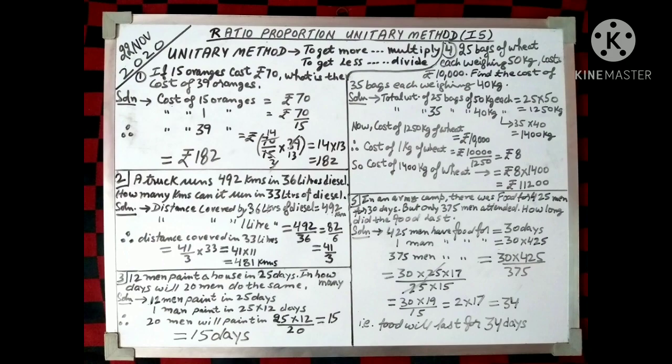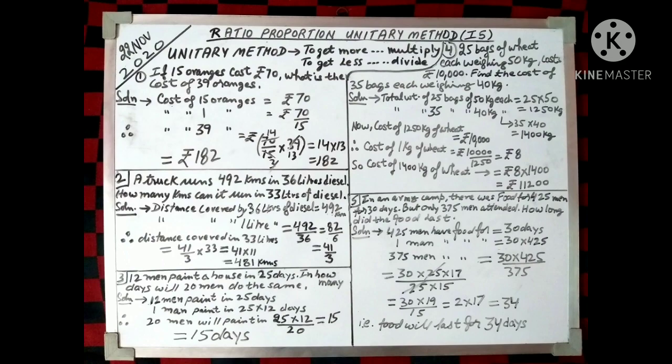Now let us see the next example, number 4, a very interesting one and a very different type. So please pay attention and listen carefully. The question is: 25 bags of wheat, each weighing 50 kg, cost rupees 10,000.